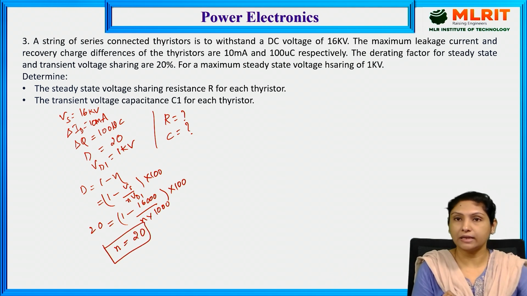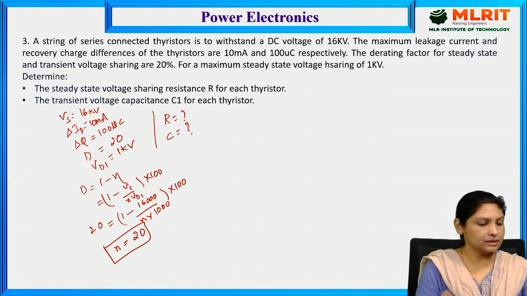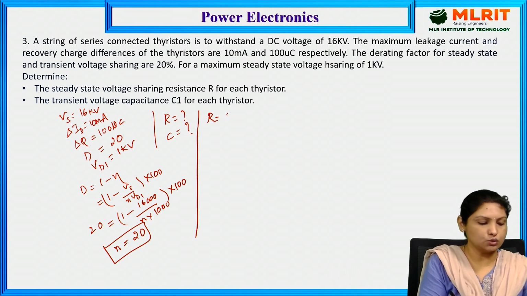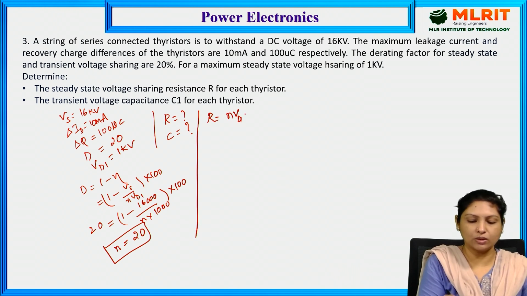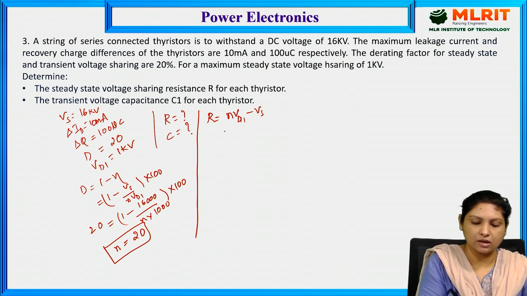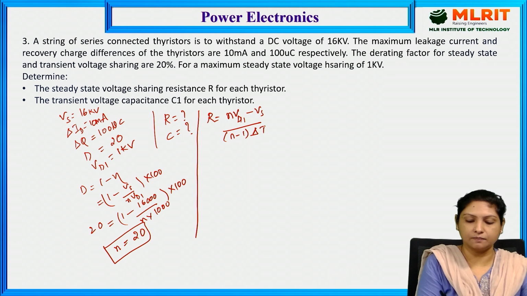And once we get N, now we can find out the value of the resistance, right? R is equal to, we have a formula, N into VD1 minus Vs, which we have already solved, divided by N minus 1 into delta ID.